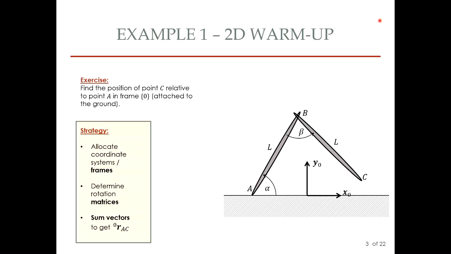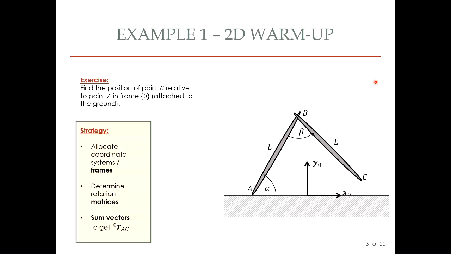So what you see here is 2 links, okay? Link 1, link 2. They both have length L, and 2 angles, alpha and beta, and notice their direction of growth. These angles describe the configuration of these 2 links, all right?